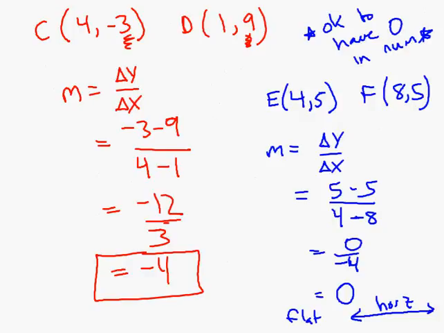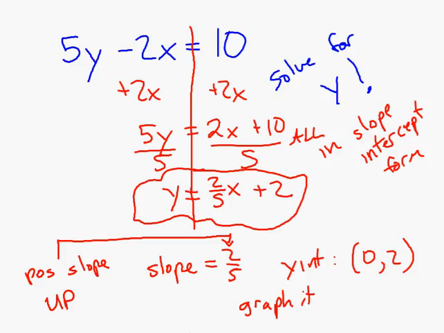Alright, so I said I'd go back to this, so I will. Well, there we go. There was our line. We needed to solve for that. Alright, so let's do one more.